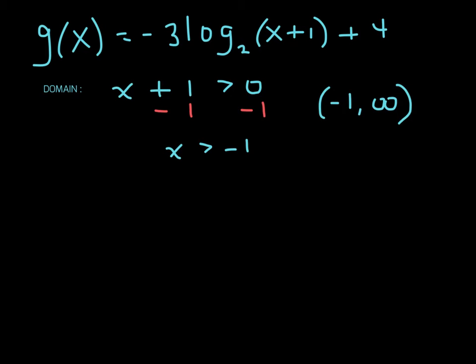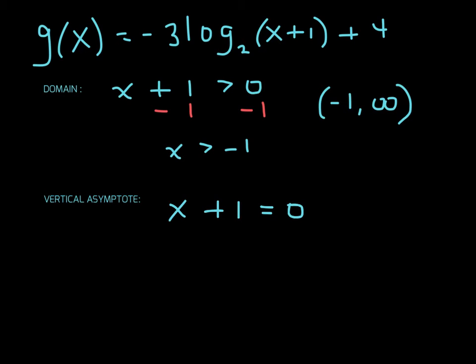So therefore, in interval notation, the domain would be from -1 to positive infinity. Now, there is a horizontal translation right here at x plus 1. That represents your horizontal translation, which is going to change where your vertical asymptote is. What you can always do, guys, is take your argument, set it equal to 0 and solve.